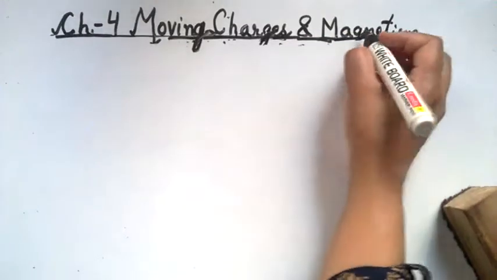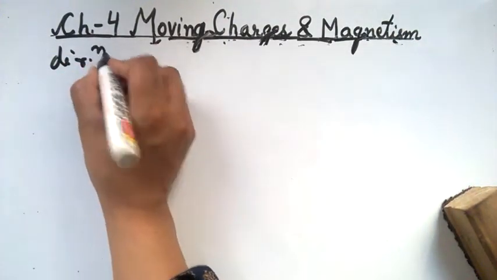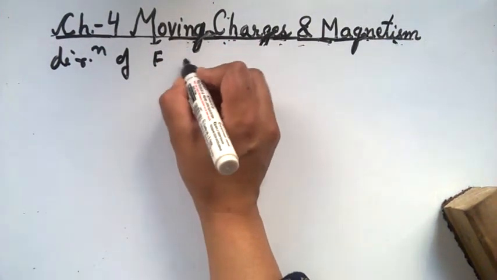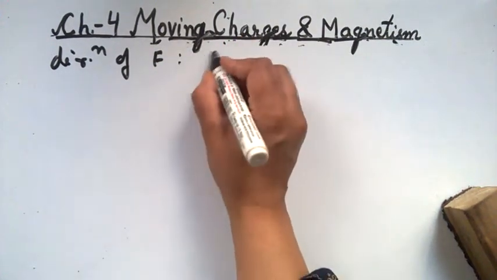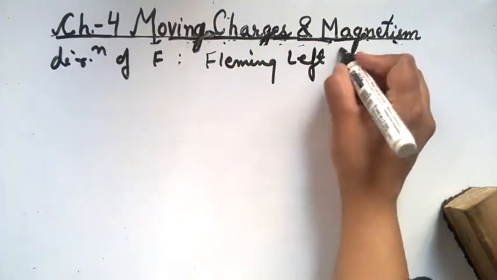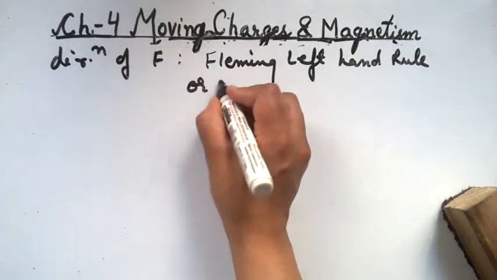Now how can we calculate the direction of force? Direction of the force which is experienced by a test charge can be calculated by Fleming left hand rule or right hand palm rule.